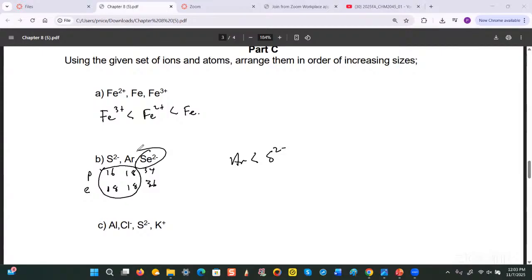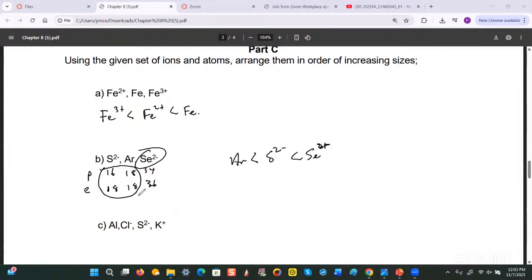It's going to be the largest radius, right? Exactly. It's going to be greater than sulfide because the selenide is right below sulfide in the same group, right? So that would be the order.